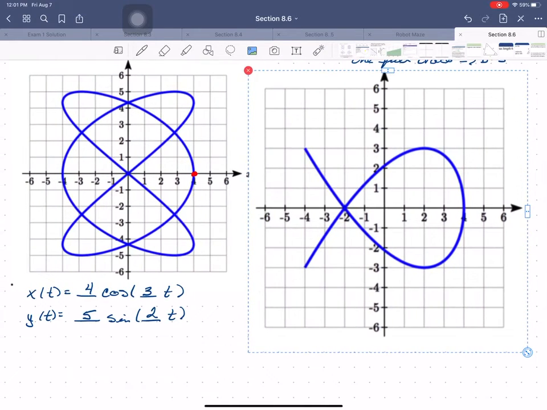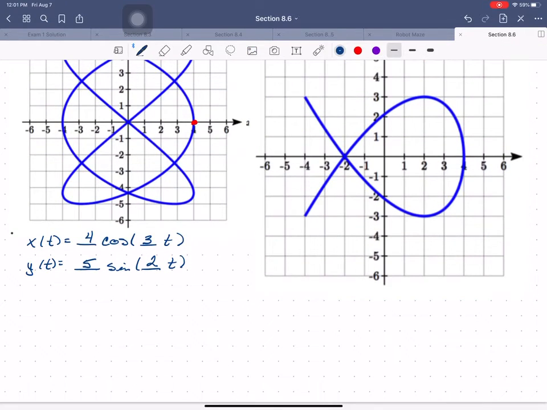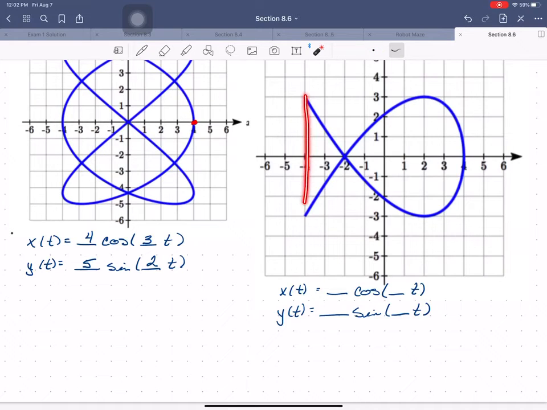Okay, so same thing again. x of t is equal to something times cosine of something times t, and y is given by something times sine of something times t. Okay, minimum and maximum x's. Minimum x is -4, maximum x is 4, amplitude is 4.